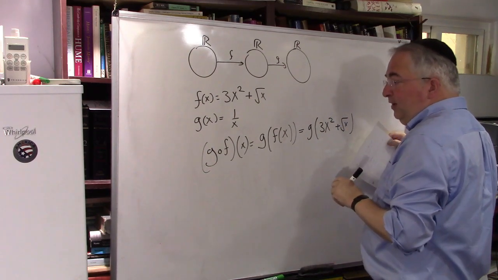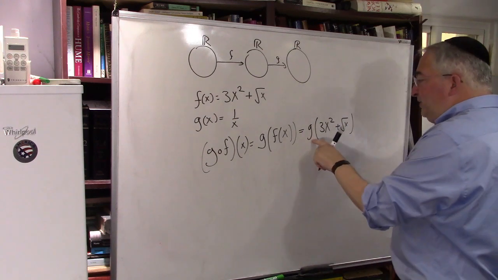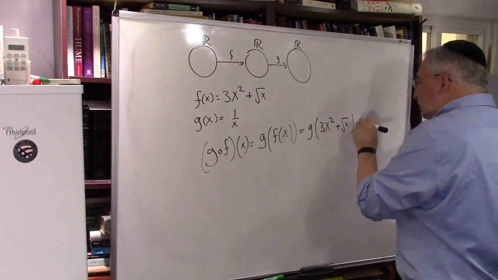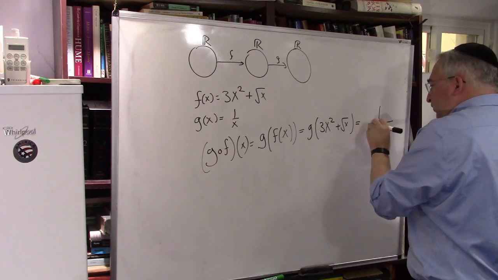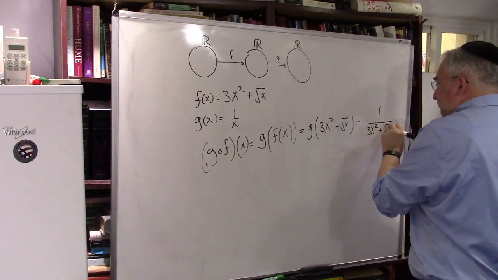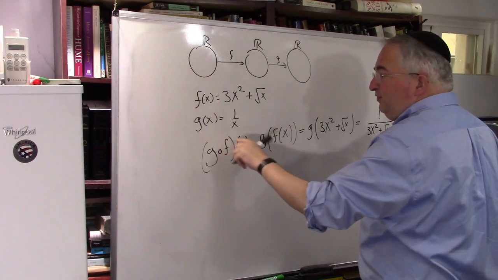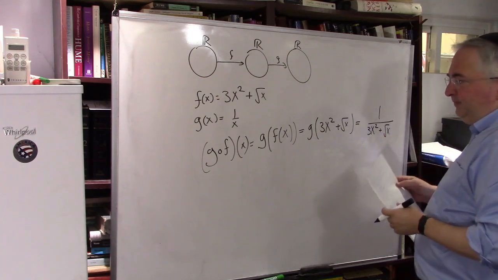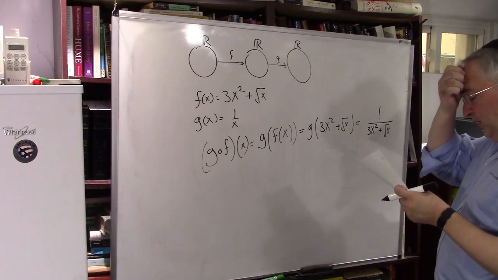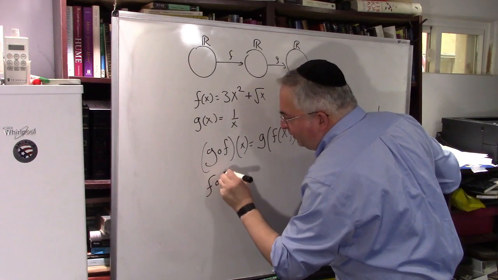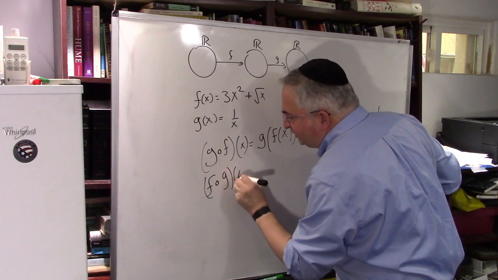Okay, great. Very nice. Well, what does g do? g takes the input and puts it under a 1. So this becomes 1 over 3x squared plus square root of x. This is what this function does. It takes an x and outputs that. Okay. Notice this is different than f of g of x.